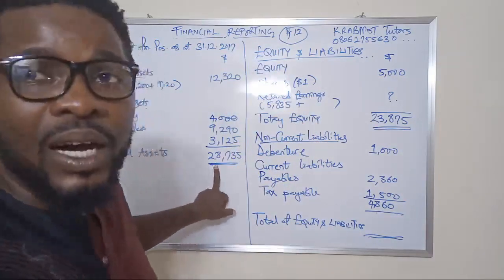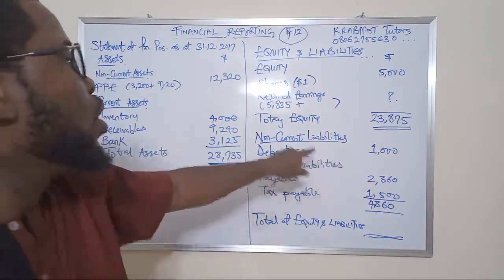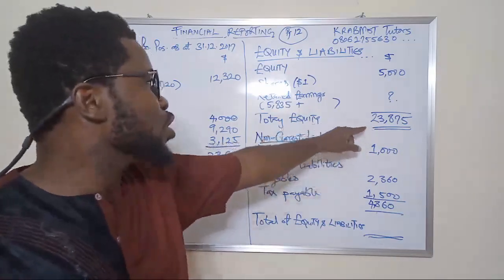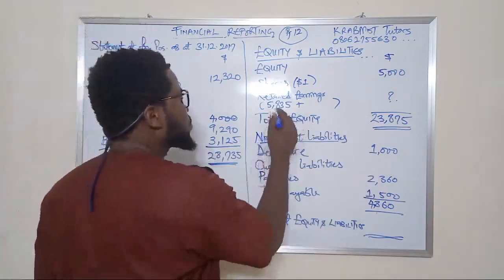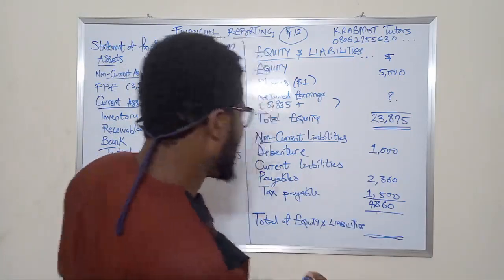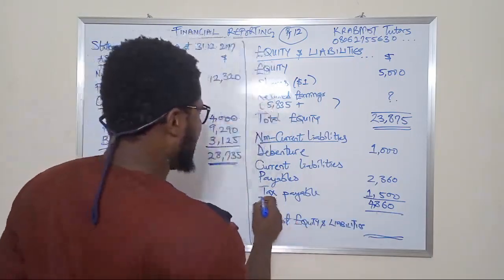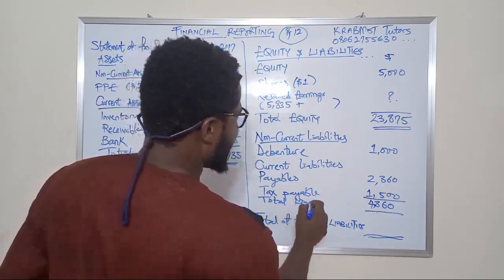The amount of the total assets should be equal to the amount of the total equity and total liabilities.